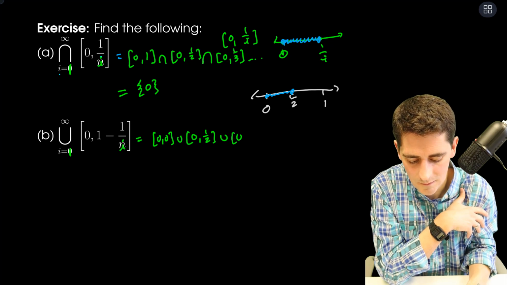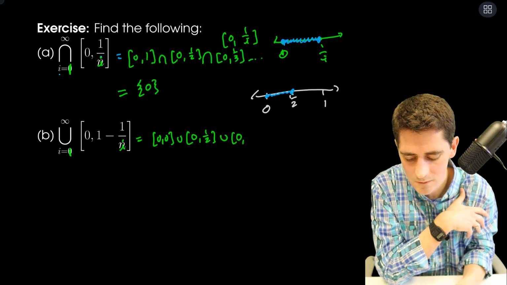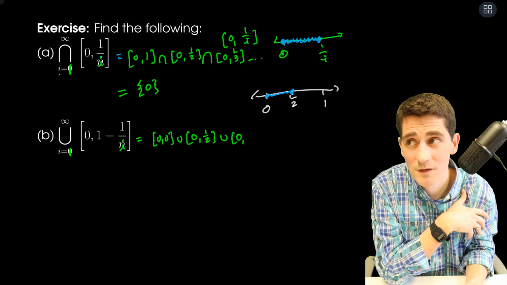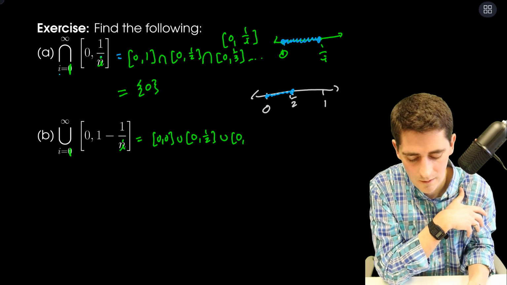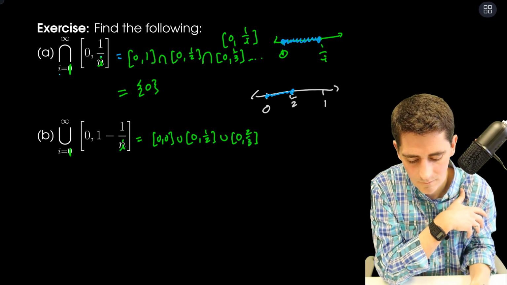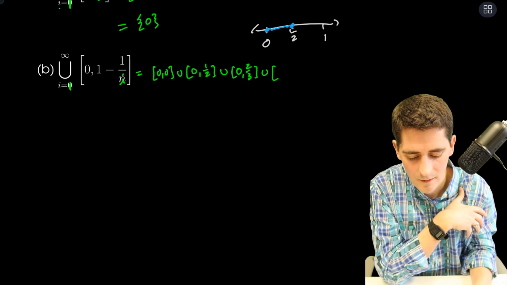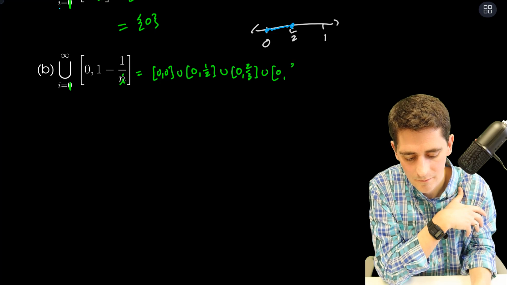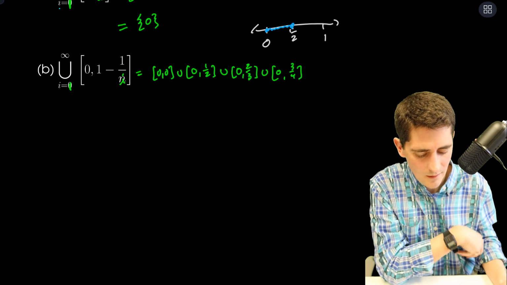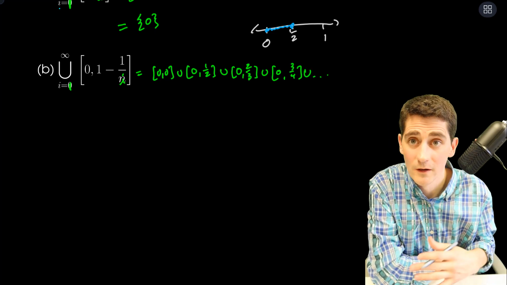Union 0 to, when i is 3, I get 1 minus 1/3, so I go to 2/3. And if i is 4, I get 0 to 3/4. And we keep doing this. We go out to infinity.